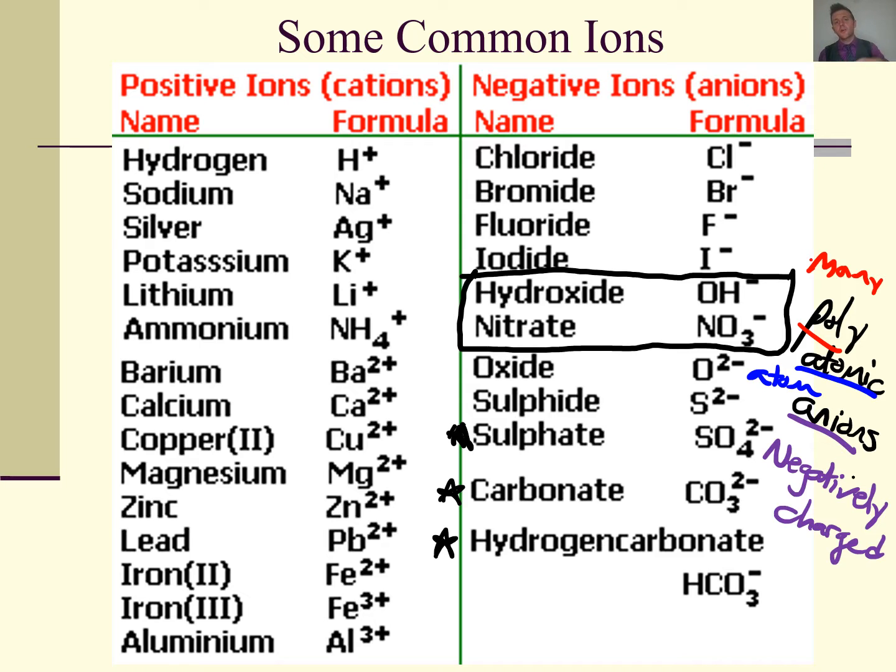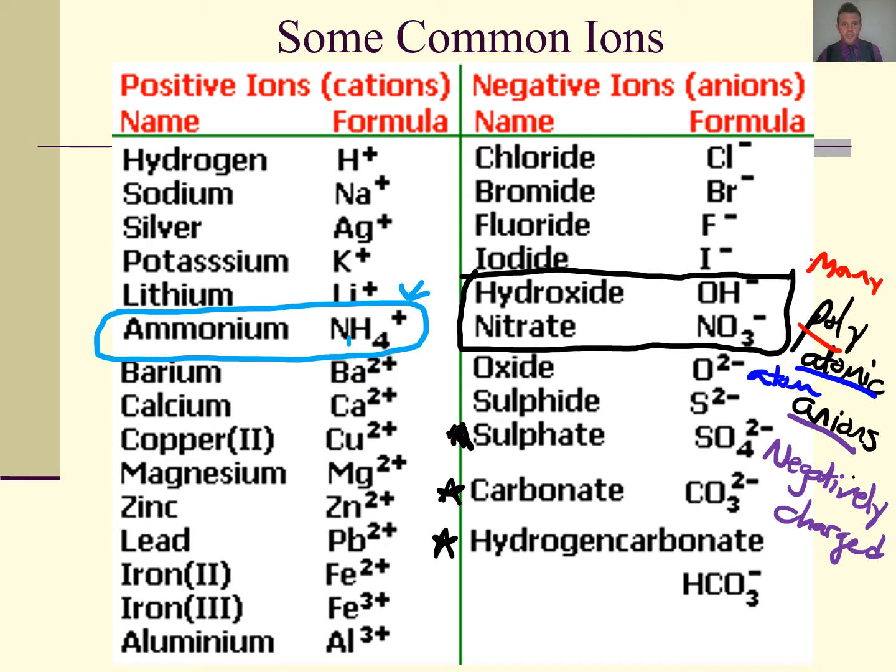So there is one of our cations on the left side of this column that is made out of more than one element or more than one atom, and it's a cation. If you're still looking and you can't find it quite yet, I'm going to highlight it for you. And it's right here. It's this ammonium. It's made out of 1 nitrogen and 4 hydrogens, and it has a positive charge.